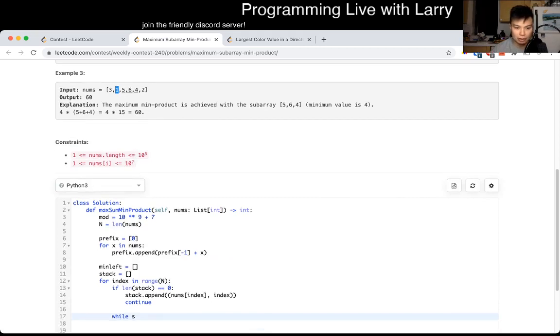So then we want, if this is smaller than or equal to, yeah, equal to some index, pop.